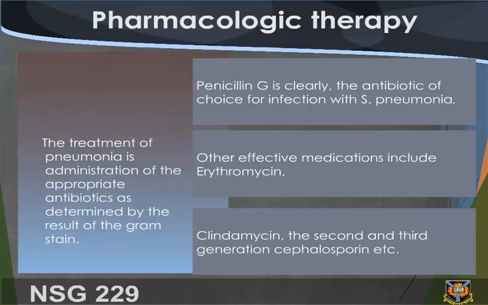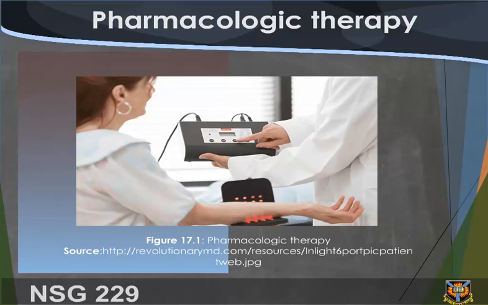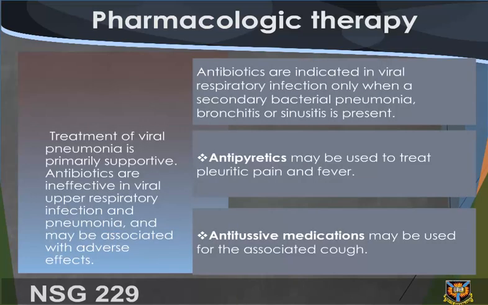Pharmacologic therapy. The treatment of pneumonia is administration of the appropriate antibiotics as determined by the results of the Gram stain. Penicillin G is clearly the antibiotic of choice for infection with S. pneumoniae. Other effective medications include erythromycin, clindamycin, the second and third generation cephalosporins, etc. Treatment of viral pneumonia is primarily supportive.